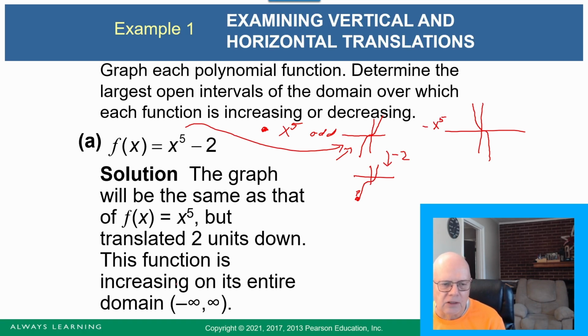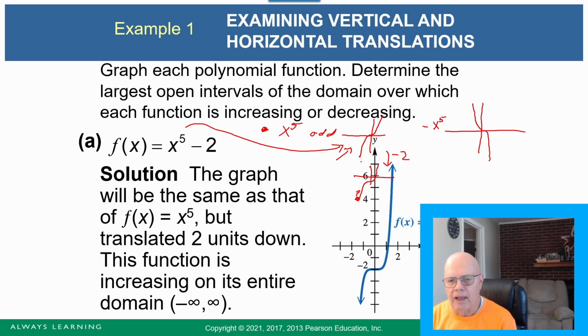And not only that, but it's going to approach infinity as you go to the right. And there's a better looking graph than the one I created, but I hope you got the idea. Notice that something that I mentioned, because x to the 5th is a higher power than x to the 3rd, this part right here is going to be flattened.